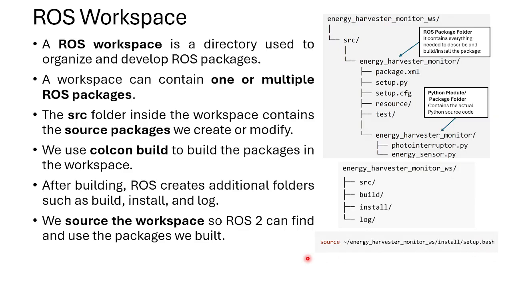So this is just a theoretical explanation of how the ROS workspace can be created and what needs to be done. A more detailed example of how this is actually done in the Ubuntu terminal, we will be exploring in future lectures.